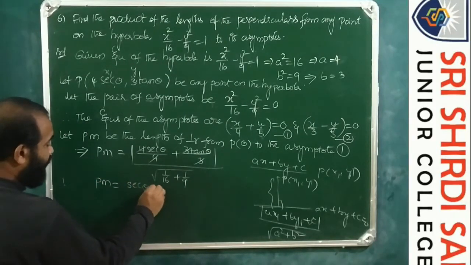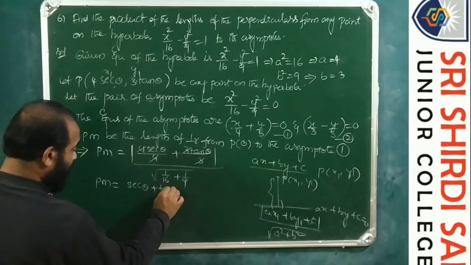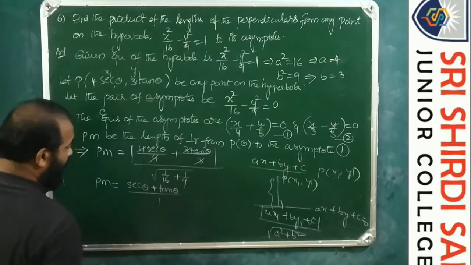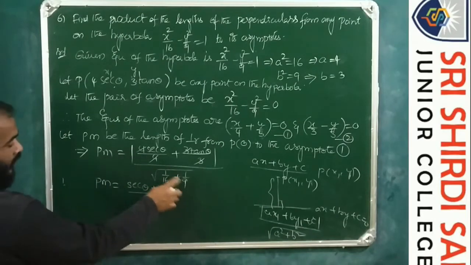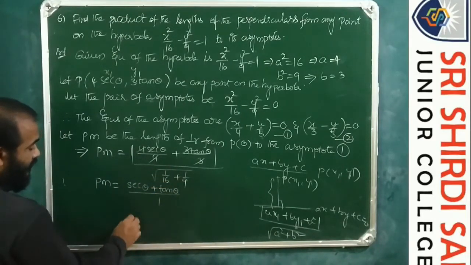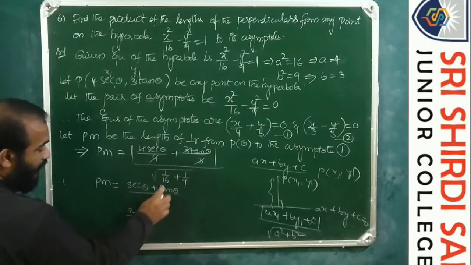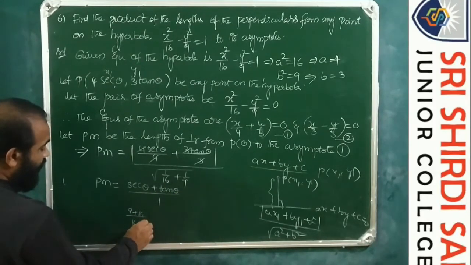secant theta plus tan theta by 1. This is 9 ones are 9 plus 16, 9 plus 16 by 16 into 9.